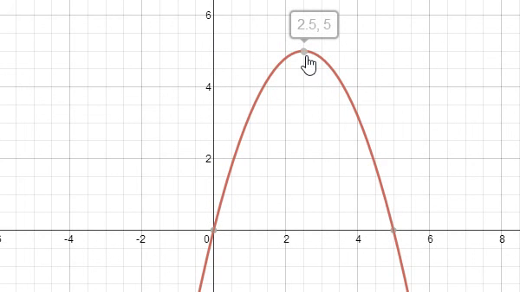And we have a maximum up here at the top, at 2.5, and the 5 represents the area in this ordered pair. So you have a maximum area of 5 at 2.5, and then we just take the 2.5 and plug it in to find out what the second part of that ordered pair was. So it's always nice to graph this stuff. You can check your work or skip the calculus and just graph.